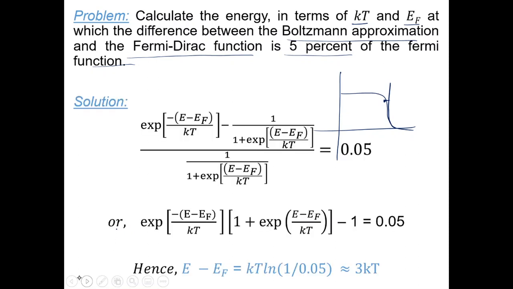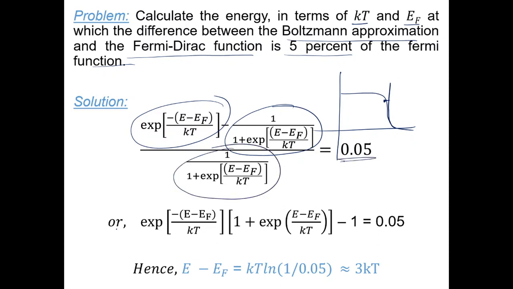So we are saying that this ratio, the difference, first the difference, so this is the Boltzmann distribution, this is the Fermi distribution. It says 5%, which means we have to normalize with the Fermi function, equal to 5%, which is 0.05 in terms of number. You simplify this, and after simplifying, you calculate E minus EF. This will turn out to be close to 3 kT. So at 3 kT value, the difference between the Boltzmann and the Fermi-Dirac distribution will be close to 5%.